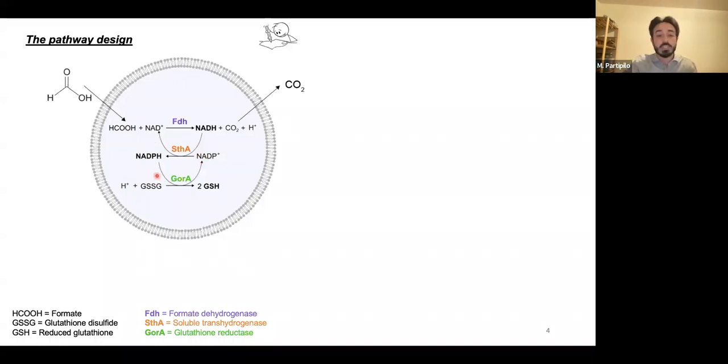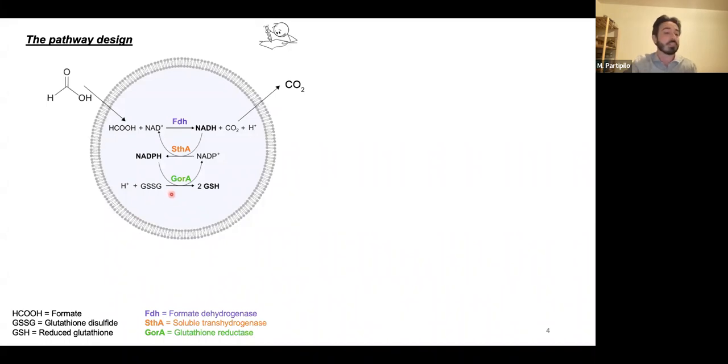Eventually, since NADPH is extremely useful for reductive metabolism, we decided to include another process downstream, in this case the glutathione reduction, that is catalyzed by the action of our third enzyme, GorA, glutathione reductase, that will catalyze the reduction of glutathione disulfide, here reported as GSSG.